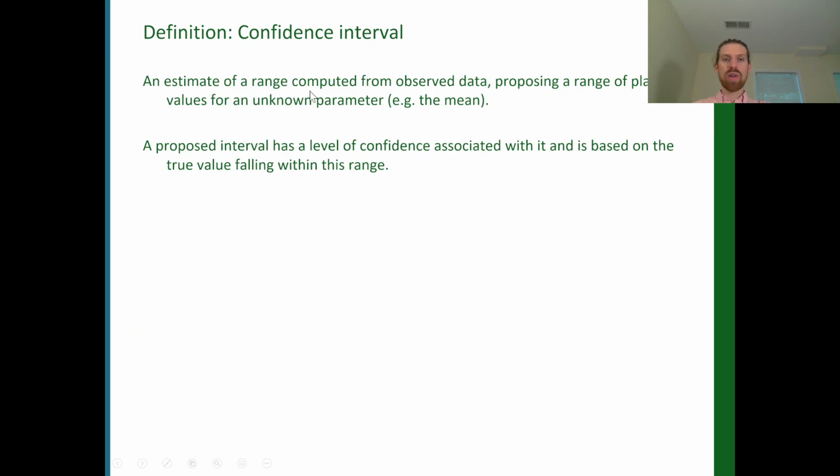So, confidence intervals. An estimate of a range computed from observed data, proposing a range of plausible values for an unknown parameter. Essentially this is a proposed interval that has a level of confidence associated with it. Say we want to be 90% confident that the population mean falls within it; that's going to be used to our advantage.